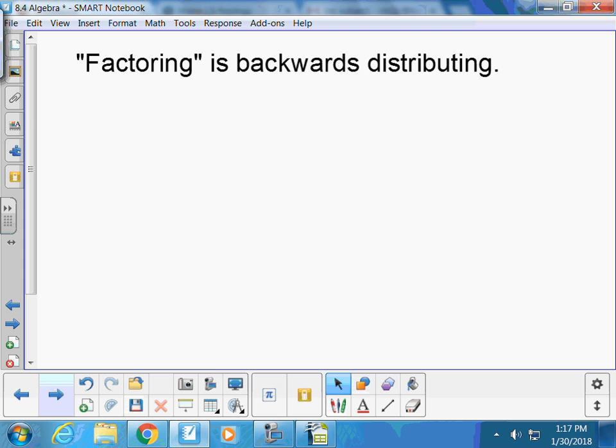All right, let's talk about what factoring is. So factoring basically is backwards distributing. You know, when you draw the rainbow and you distribute and you multiply, it's backwards. It's dividing. All right? I'll show you a problem that has already been distributed, and we will try to factor it.